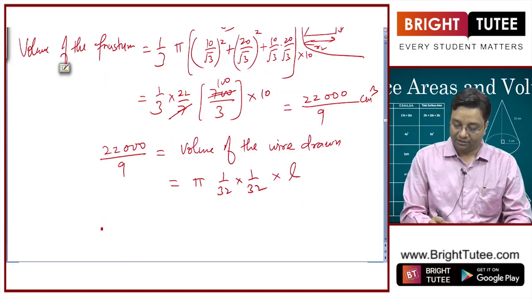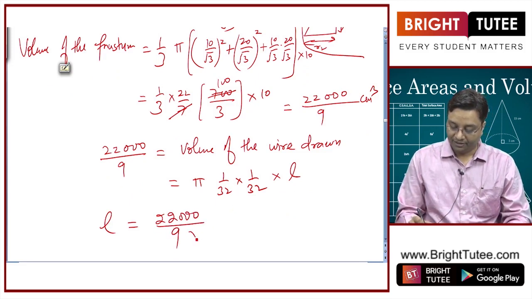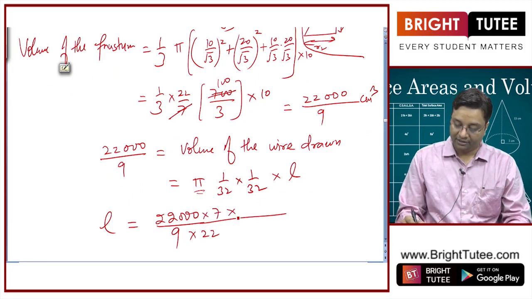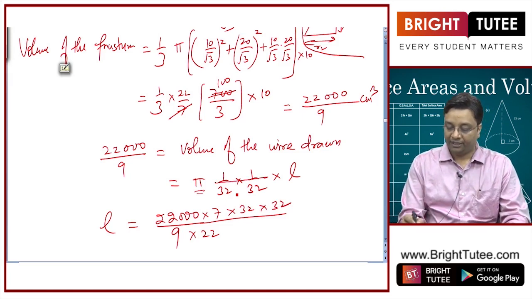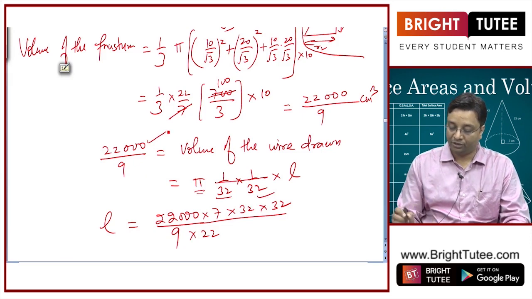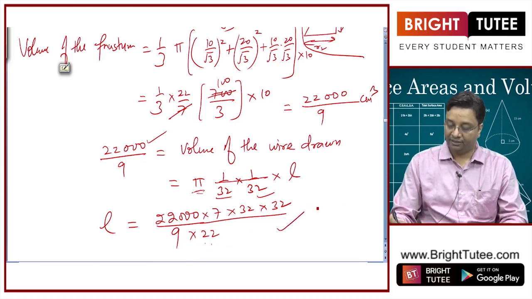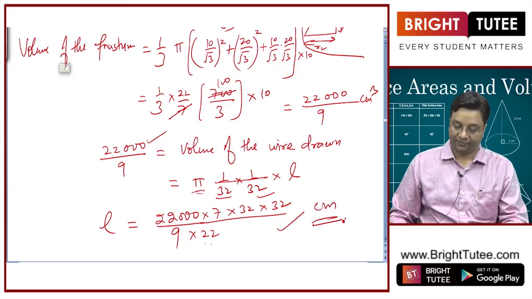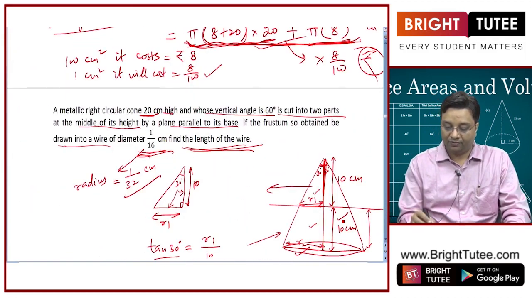So now the answer is L is equal to 22,000 by 9 divided by pi, which can be written as 22 and 7 can be written here, and this 32 and 32 will get multiplied on this side, right. So this 32 and this 32 get multiplied in 22,000, pi will come in the denominator, which can be written as 22 by 7. So this is the length in centimeters. Okay, you can further simplify it yourself. So this is the length of wire drawn from this frustum of cone.